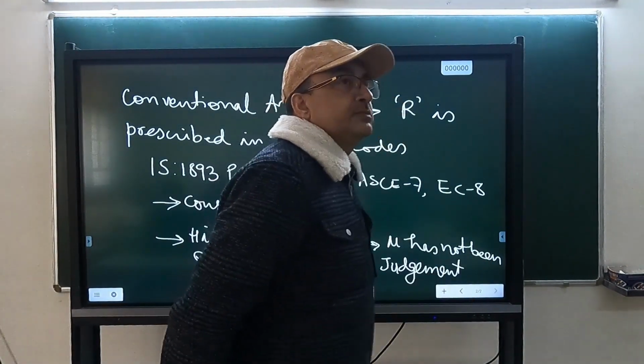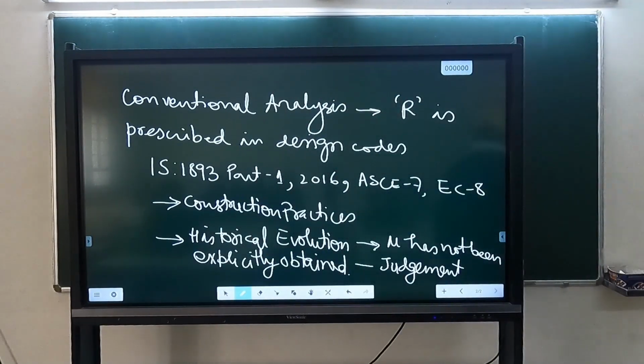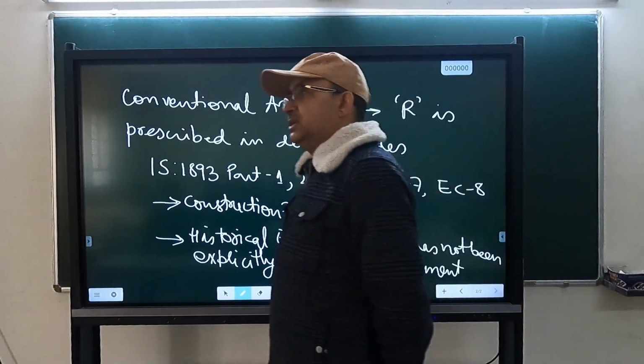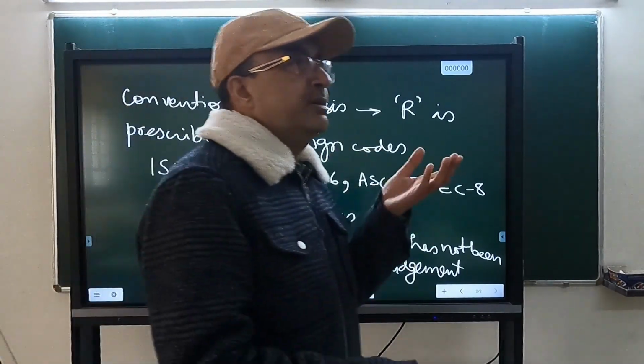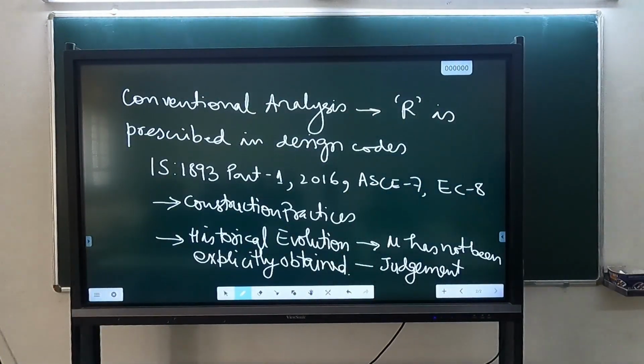It is the judgment of the code committee: these structures have roughly this much, and these structures have performed in such a way in past earthquakes. Based on that, these values have evolved, adjusted, increased, decreased.